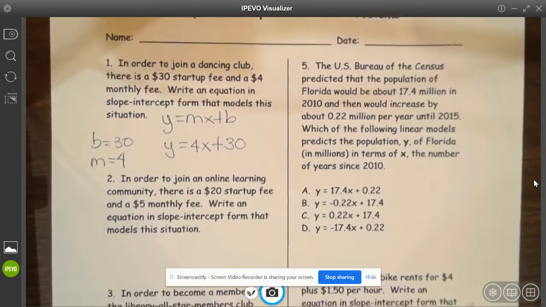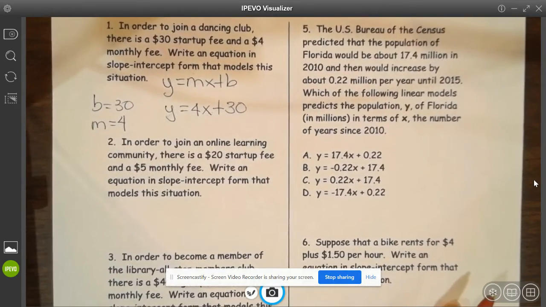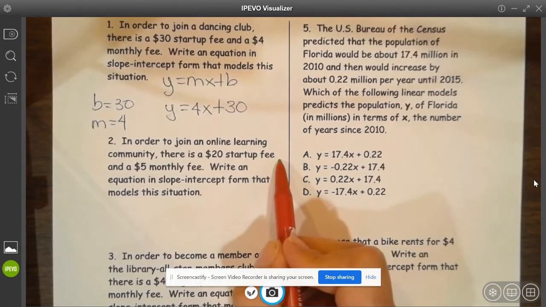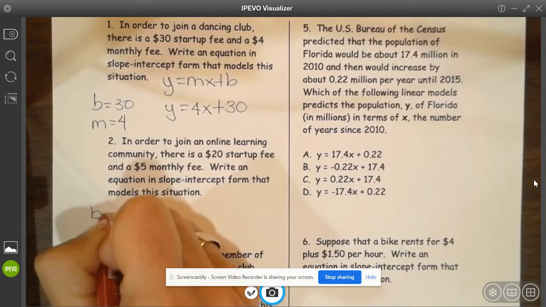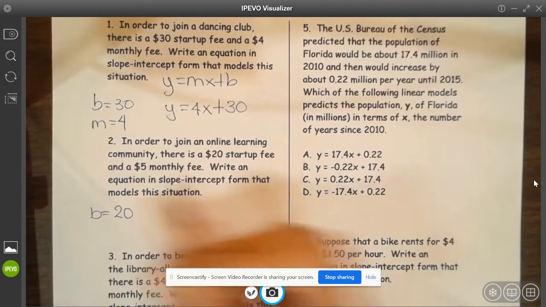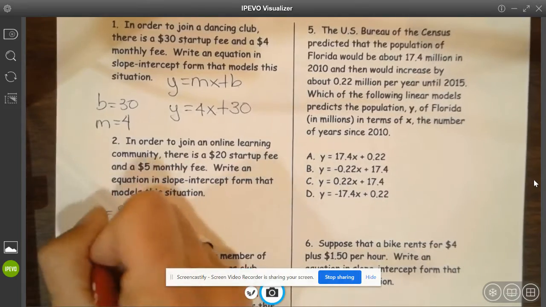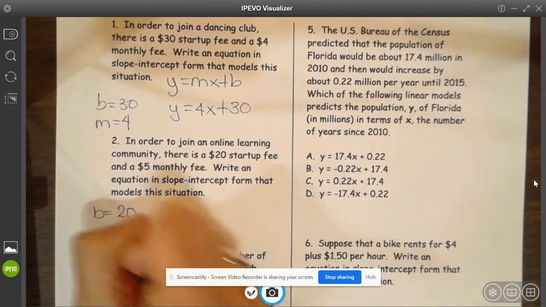All right. Number two, it says, in order to join an online learning community, there is a $20 startup fee. So we know that b will be $20 already. And a $5 monthly fee. Again, you have a monthly fee, so it depends how many months and the total price will change. So this one is our rate of change, which is our slope, m equals 5.